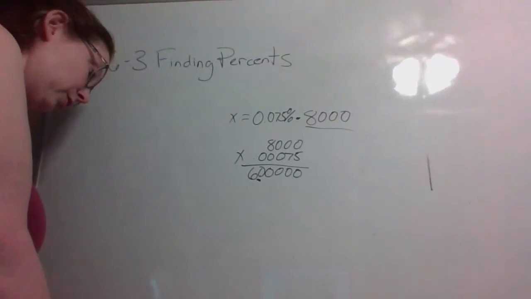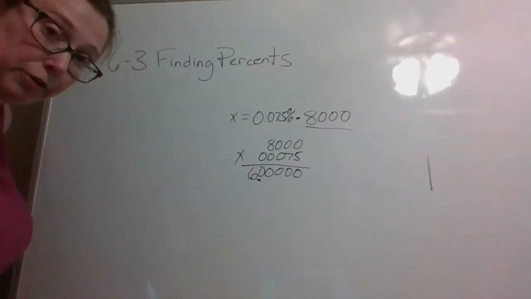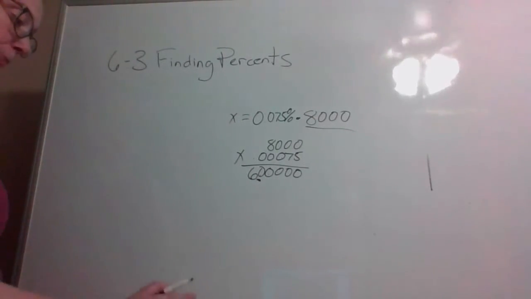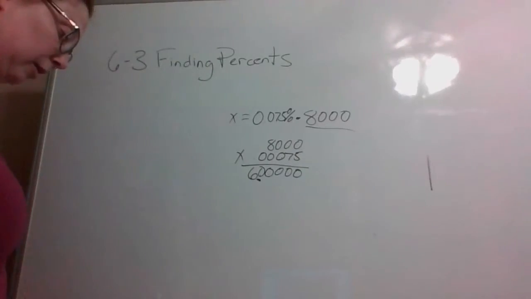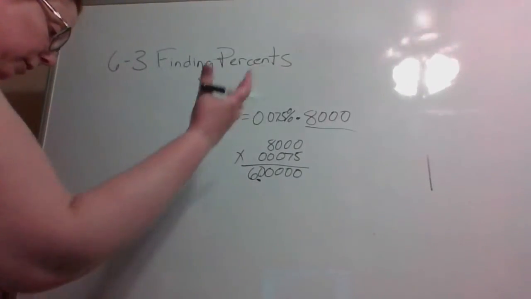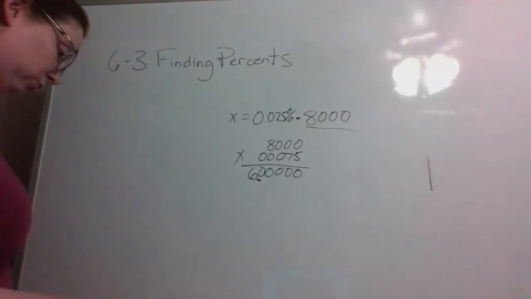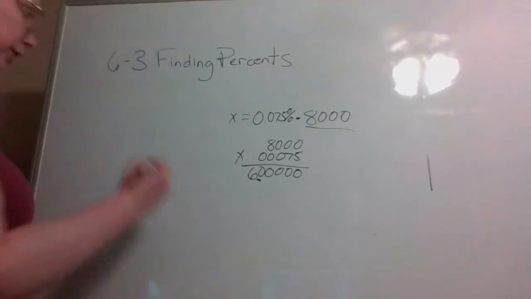As with pretty much every single math problem ever, there are more ways to do these problems than just one. For example, this one you may have done percent over 100 equals part over whole. Same thing here, you can set it up that way, or you can set it up this kind of way. I'm going to do the part over whole equals percent over 100 here.